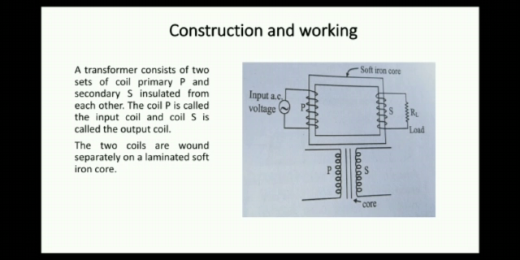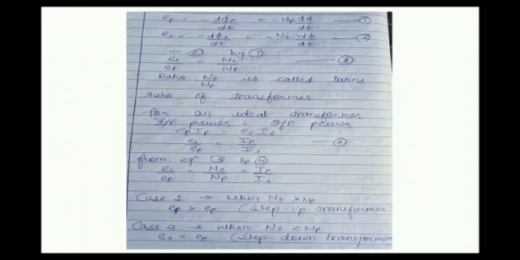Construction. A transformer consists of two sets of coils, primary and secondary, insulated from each other. The coil P is called the input coil and the coil S is called the output coil. The two coils are wound separately on a laminated soft iron core. Working.